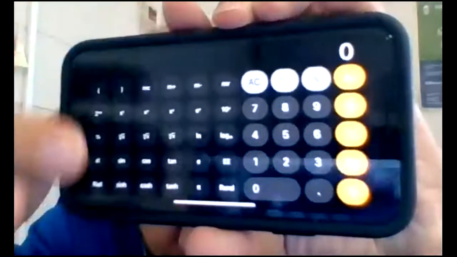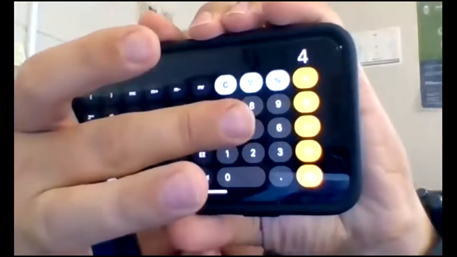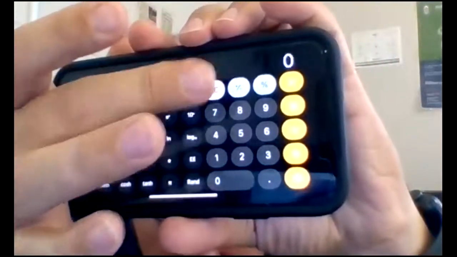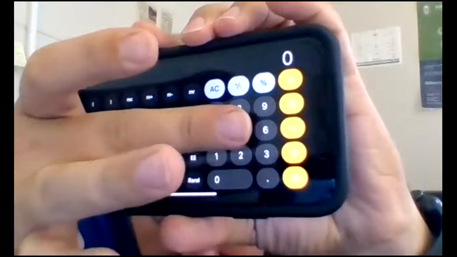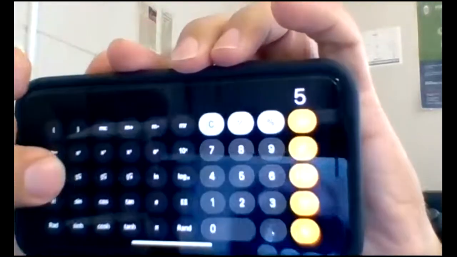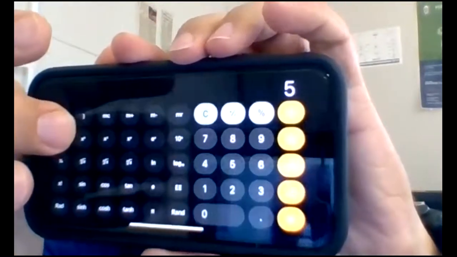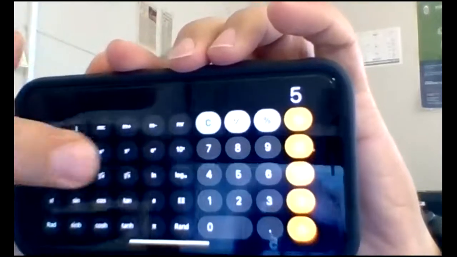And then over here, we're going to hit, no, not 4. I'm going to hit 5. Where's that X to the Y button? I believe it's right here.